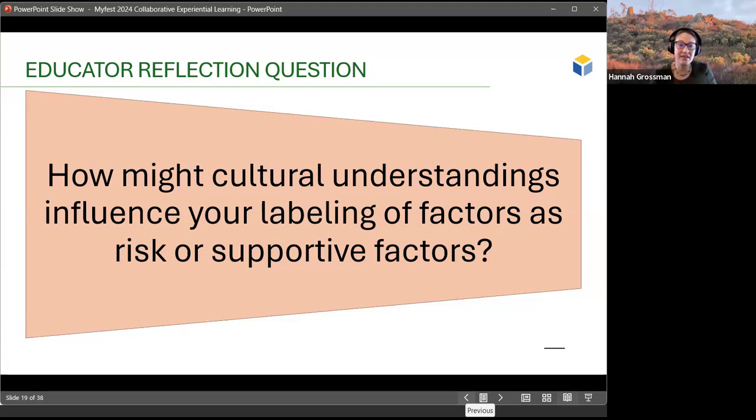So what different things like cultural understandings might influence our labeling? So our own experience with church might be influencing our label as risk or supportive factors. The way our state believes, incorporates religion might affect our cultural understandings on that.